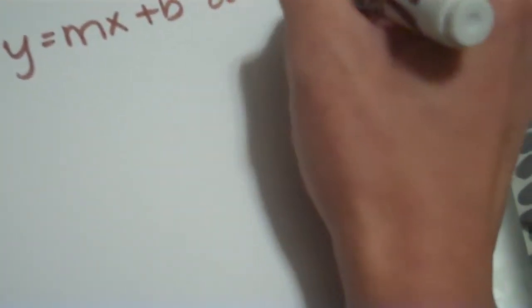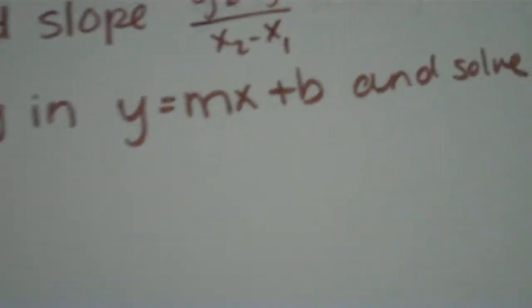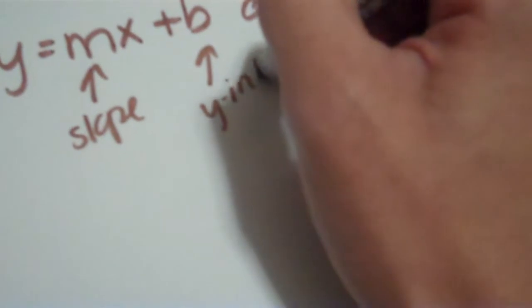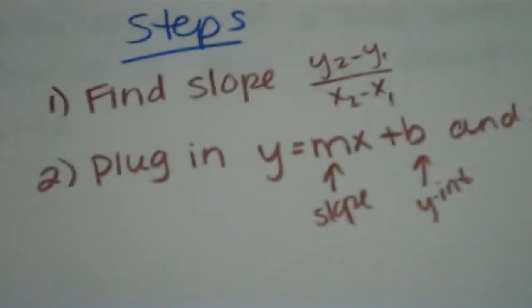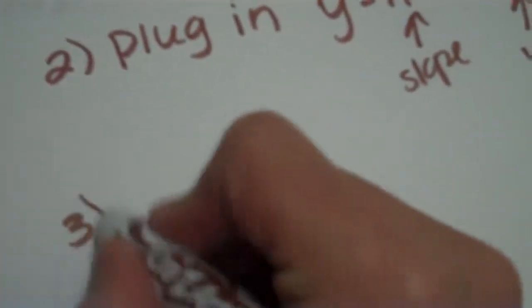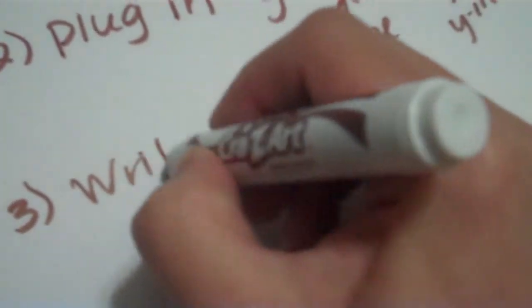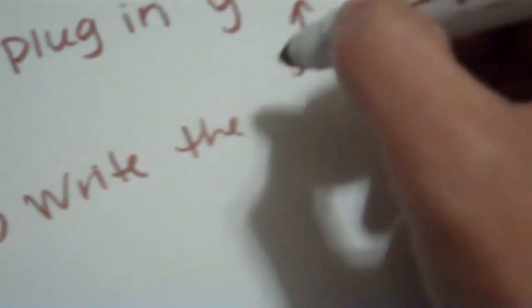Now this makes no sense to you right now, but it will in a little bit. Remember that this m is the slope and this b is the y-intercept. And then the third thing you do is you write the equation.